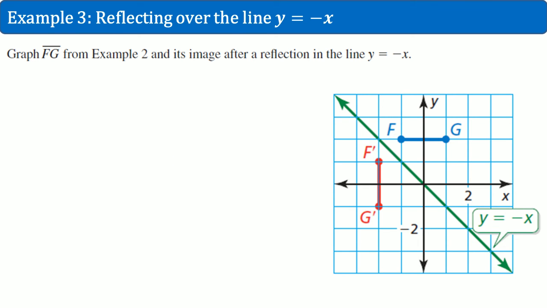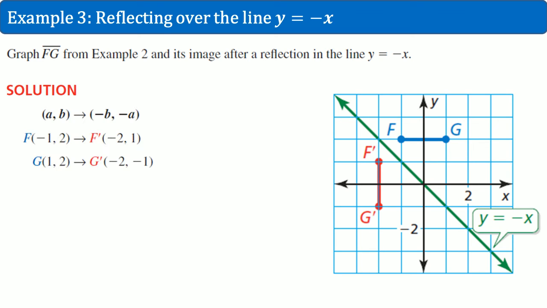Now, we're going to see how it looks if we reflect it over y equals negative x. Here's the solution. We flip this as well. So we flip, but we also change the sign. So f was originally negative 1 comma 2.